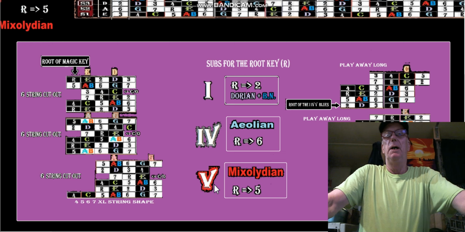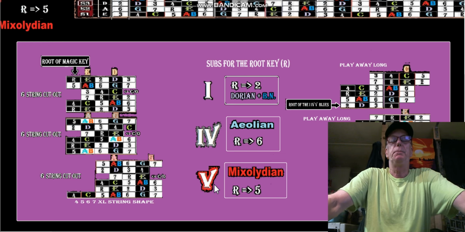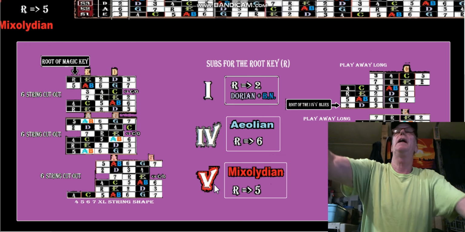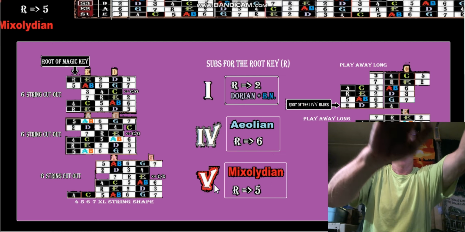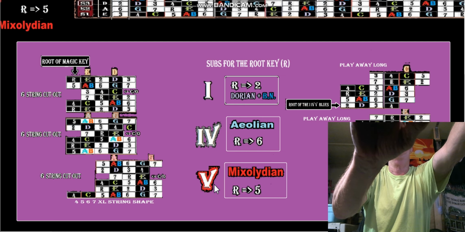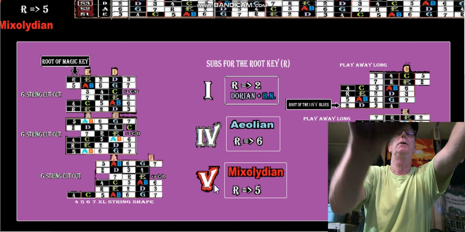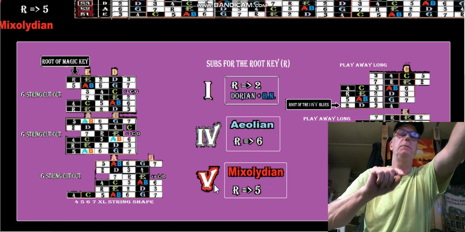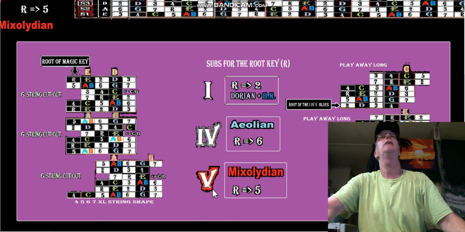Instead of adding 3 blues notes, we play in the key of B flat, and then we only have to add the 1, which is in between the 5 and the 6 of the B flat.